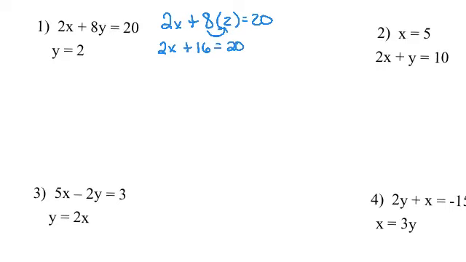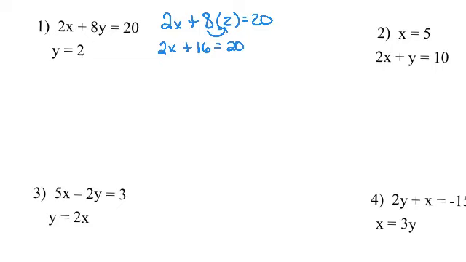The next thing we need to do is to combine like terms. This is step 3 in your notes. When we combine like terms, we are looking for all the x variable terms, all the non-variables, or all the y variable terms, and we're combining those together. Well, right now we don't have any of those. Everything is already combined and ready to go.